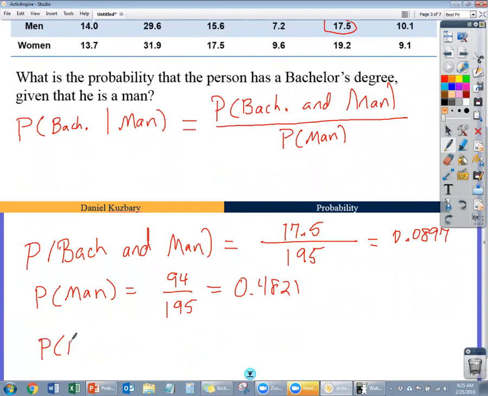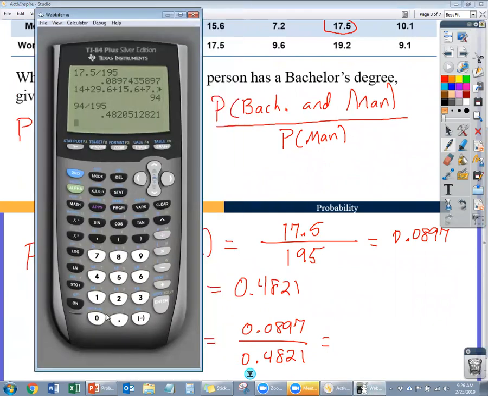So the probability that I select somebody whose highest degree is a bachelor's degree, given that they're a man, is going to be 0.0897 divided by 0.4821, and that should also be a probability, something between 0 and 1. And I get 0.1861.